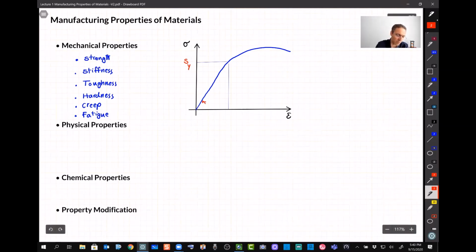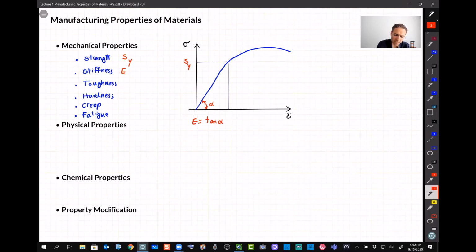And the slope of this line, let's say the angle is alpha, we call the modulus of elasticity. So from this tensile test, we can calculate SY and call it strength, and we can calculate the modulus of elasticity.